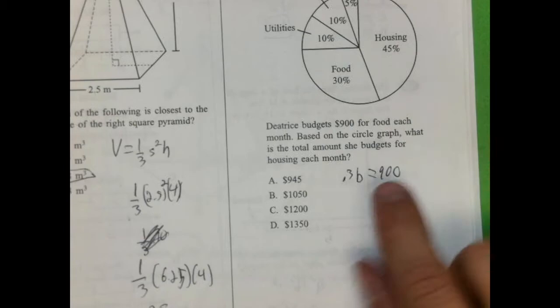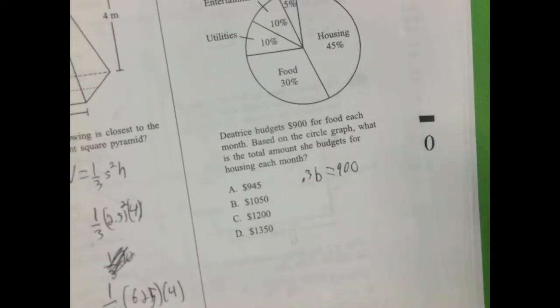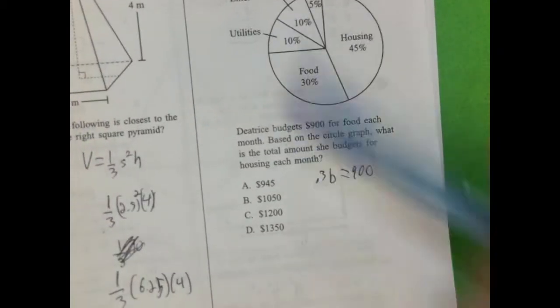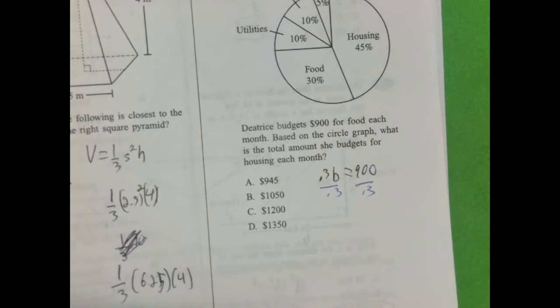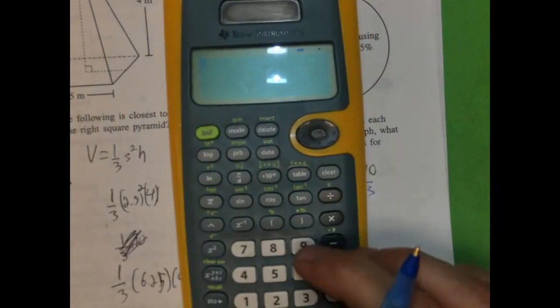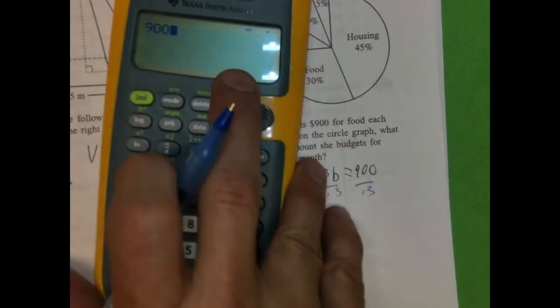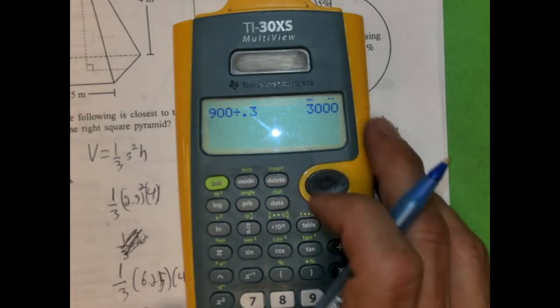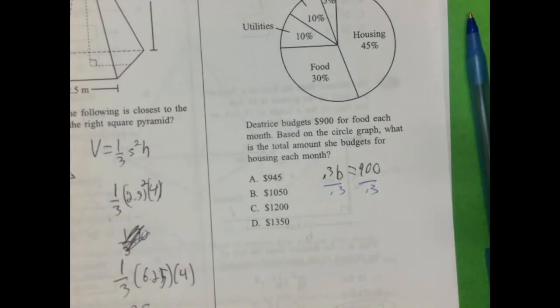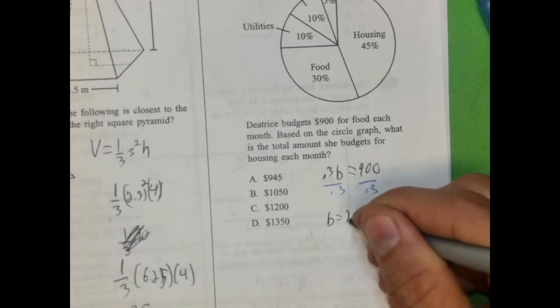So we're going to solve for the budget by dividing both sides by our coefficient, 3/10. I think it's 3,000. 900 divided by 3/10. Yep, 3,000. So our budget's 3K.